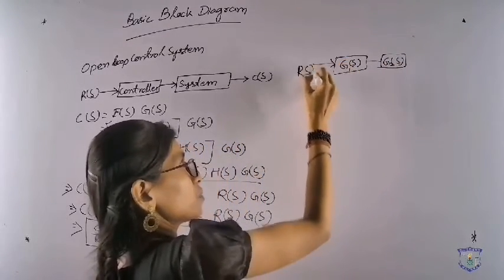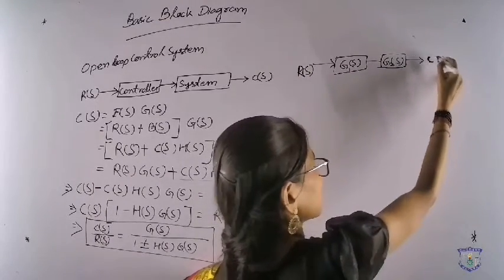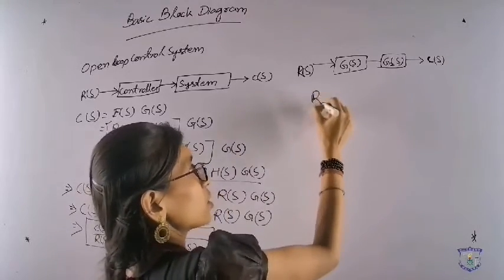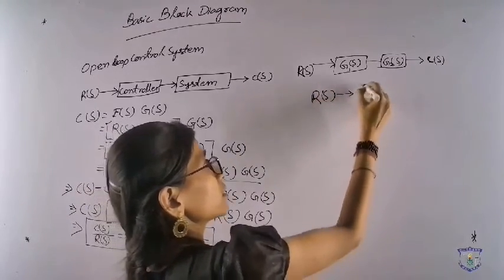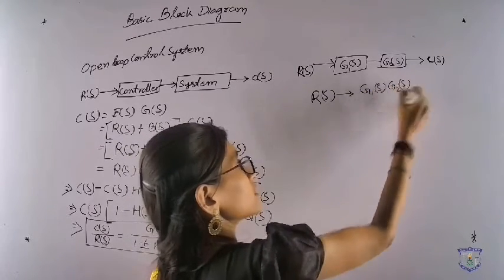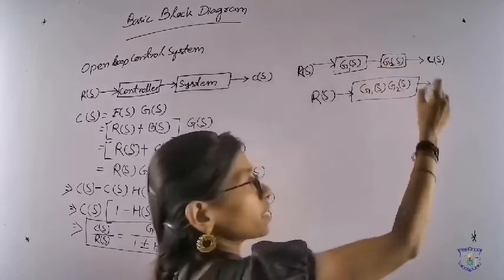If this is my input, these two blocks can be replaced by a single block G1(s) G2(s), simply the product of the two gains in series.